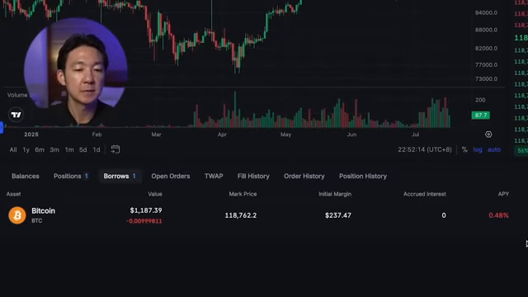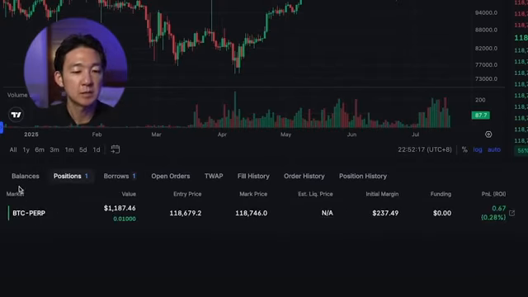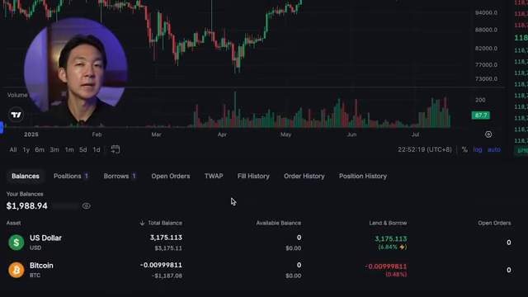At the same time, I have more cash here, and on that cash, I'm going to make 6.84%. So as long as the borrowing cost of Bitcoin is lower than the funding rate, this trade is quite safe and I can make money.